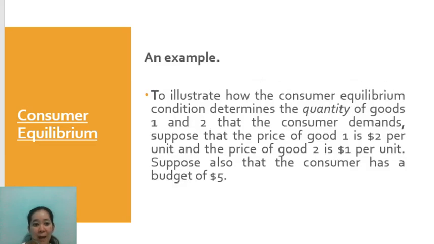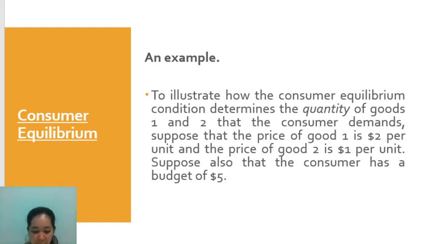So we will have an example. To illustrate how the consumer equilibrium condition determines the quantity of goods one and two that the consumer demands, suppose that the price of good number one is $2 per unit and the price of good number two is $1 per unit. Suppose also that the consumer has a budget of $5.